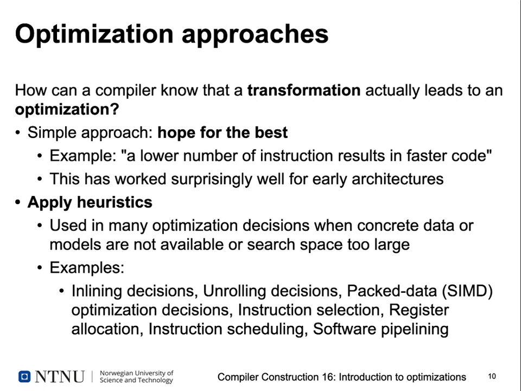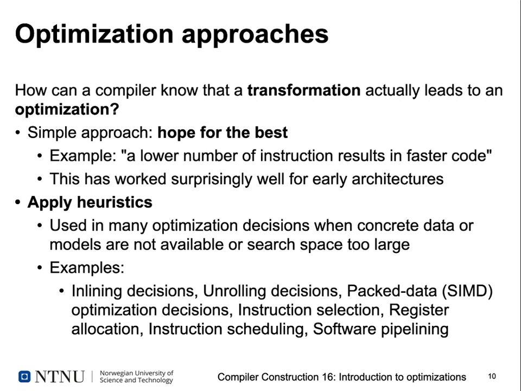So heuristics are, for example, used for decisions taken on when to inline a function, so when to copy the code of the function to its call site, or all of its call sites, when deciding when to unroll loops, so to copy the body of a loop multiple times to reduce the loop overhead, to optimize for SIMD vector instructions, which instructions should be selected on machine level for a certain instruction sequence, which registers should be allocated to which variables, which instructions should be scheduled when, and finally, how to apply software pipelining.